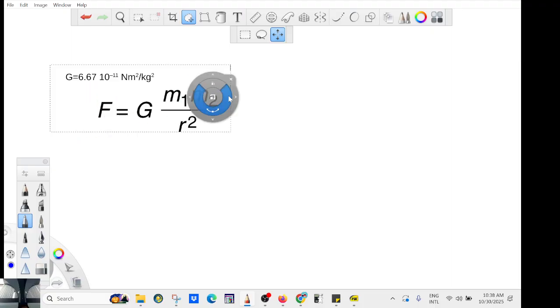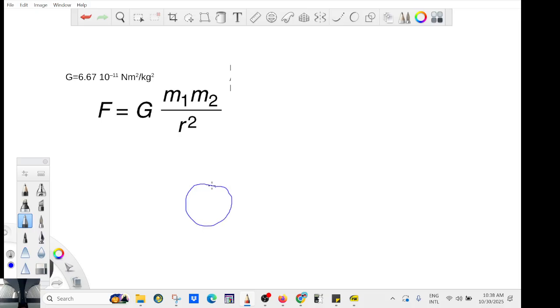Okay. So you see here, if you have the Earth, so let's say you have the Earth here, so that will be the mass of the Earth. Okay. And then you have a mass here, m2. So the force between the two masses, it's going to be that constant here, which is very small, times the mass of the Earth, right, times the mass m2 over the distance square.